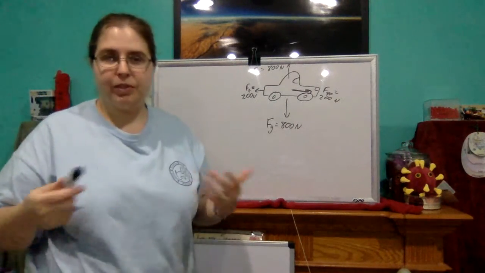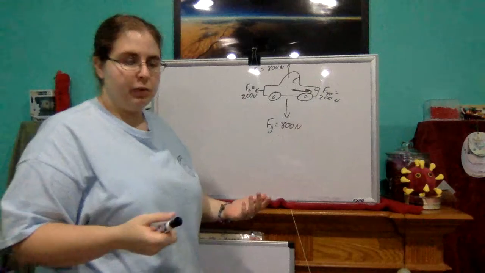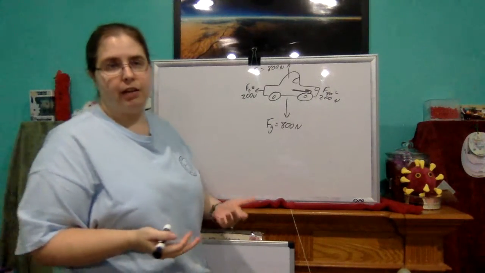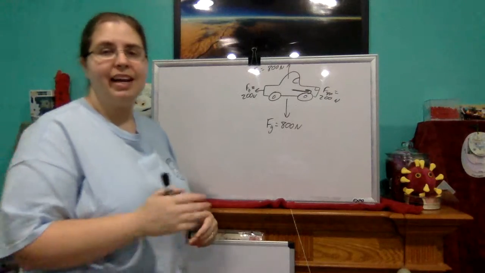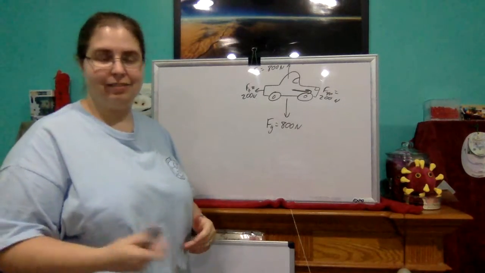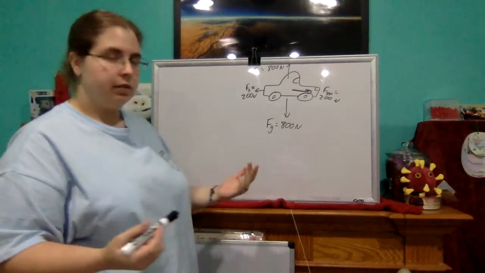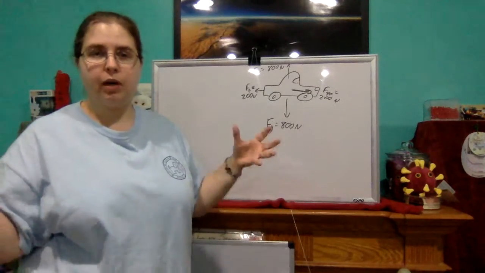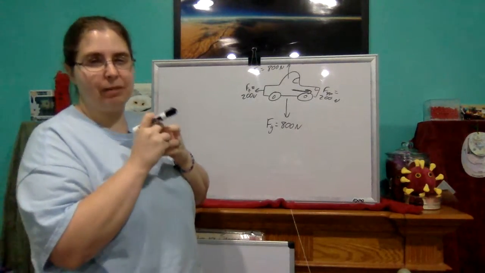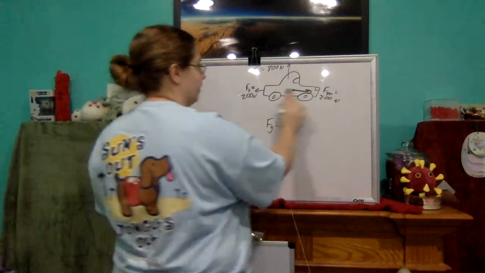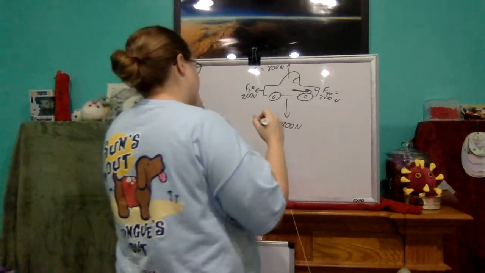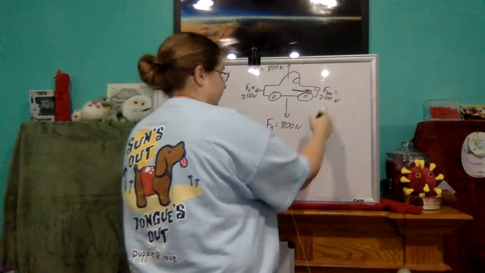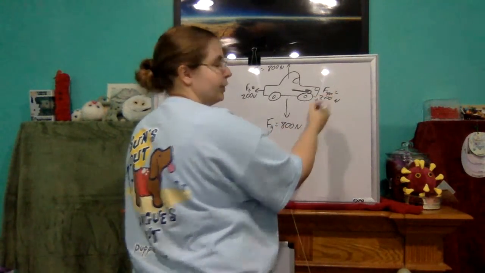Now before, when we talked about similar ideas like with motion, we said that if things are going in opposite directions, then we make one of them positive and one of them negative. Typically we use up and to the right as positive and down and to the left as negative. Just like before, we want to combine the forces in the same plane. So here we have our horizontal plane, our x-plane. This one's going to be positive because it's going to the right.